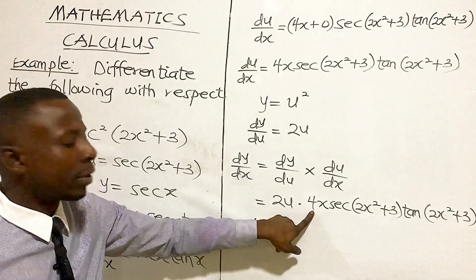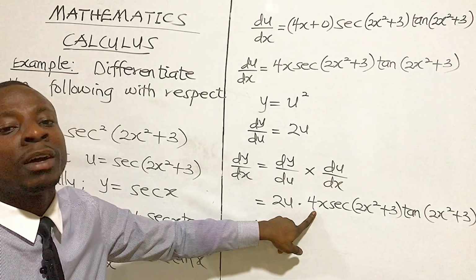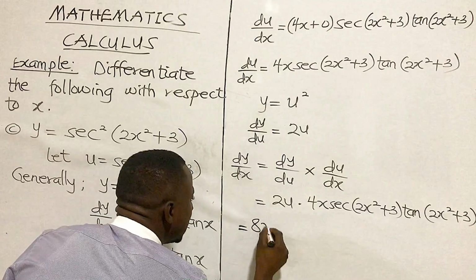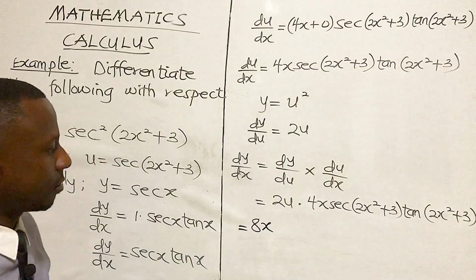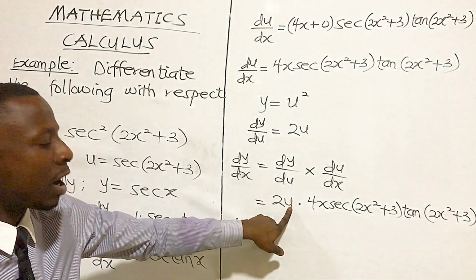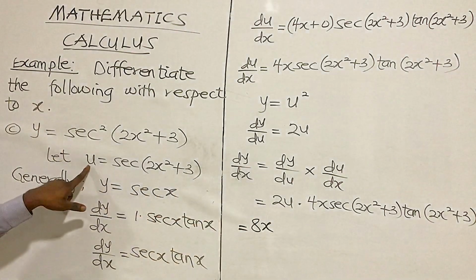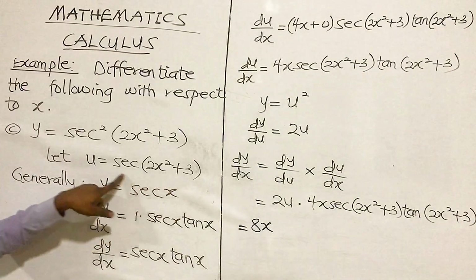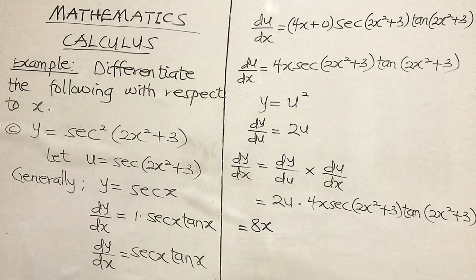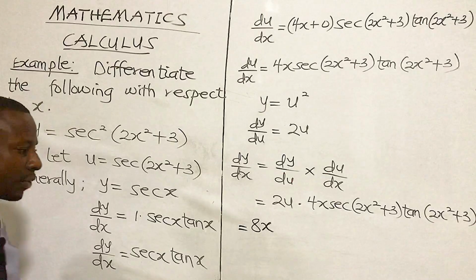So now from here, the 2 will multiply the 4x we have here. So we are going to get 8x. 2 times 4x, we have 8x. Then we have u here. But from the substitution, we made u to represent sec 2x squared plus 3.